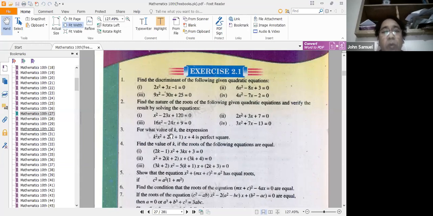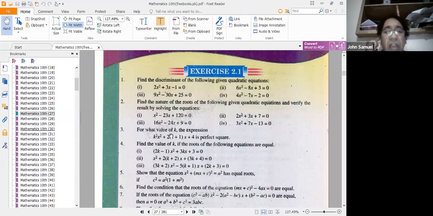Question number 2, the nature of the roots, you have done. Now questions 3 and 4 are similar. Question 3 I will do for you, and out of 4, when you say that this question I should do, then definitely I will do it. So I am starting with question number 3.